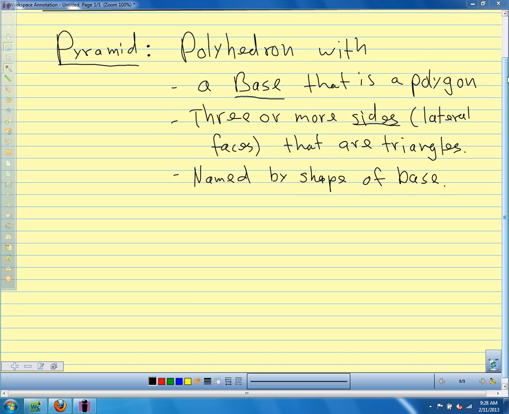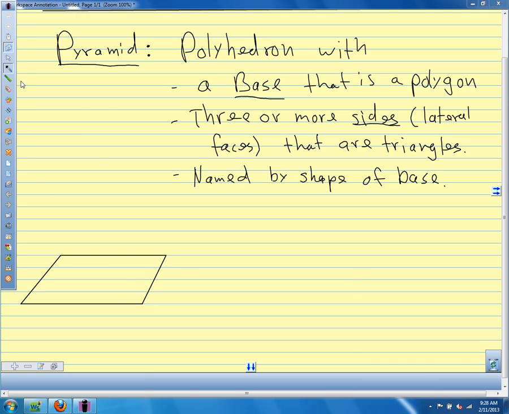There are some other parts, other words that we use for our pyramids. I want to draw a picture and label the picture rather than writing it all down. To draw a pyramid, what I usually do is start out with the base. So we'll make our base for this pyramid a rectangle.